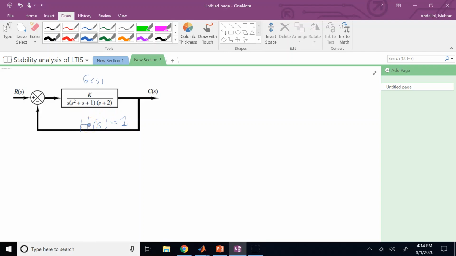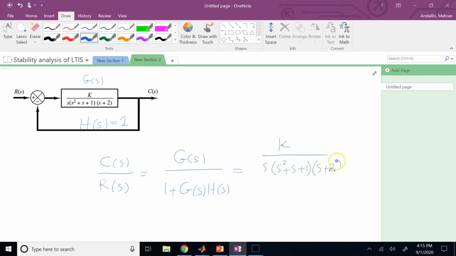In this system, if you calculate C over R, the closed loop transfer function, based on what we learned, it is going to be g of s over 1 plus g of s times h of s. And since h is 1, it is basically k over s times (s squared plus s plus 1), the whole thing times (s plus 2), divided by 1 plus the same thing times 1.